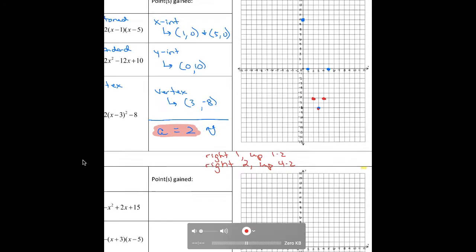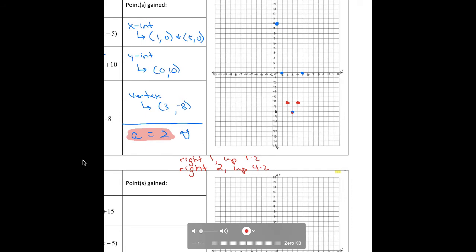So from the vertex, I'm going to go right 2, and then up 1, 2, 3, 4, 5, 6, 7, 8. That's my x-intercept, isn't it? Or I could go left 2 and up 8 because it's symmetrical.